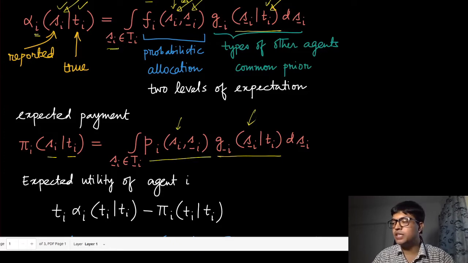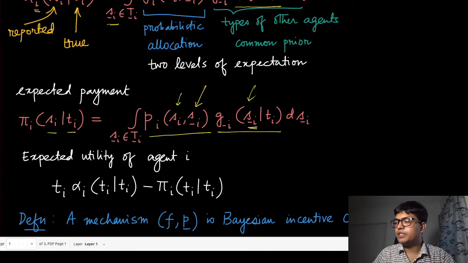Because it is reporting S_I, the mechanism will decide the payment according to that. And assuming that the other players are reporting S minus I truthfully, the probability can only be defined in terms of the true valuation profile, not what they do if they misreport. So this is the expected payment for player I.